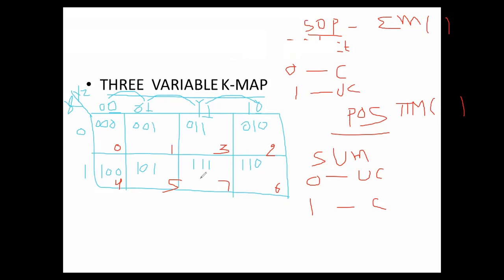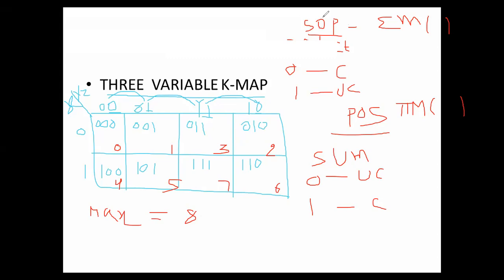What is the maximum number of cells here? The maximum number of cells here is 8. That's why here the octet possibility is there, where 8 ones are grouped.